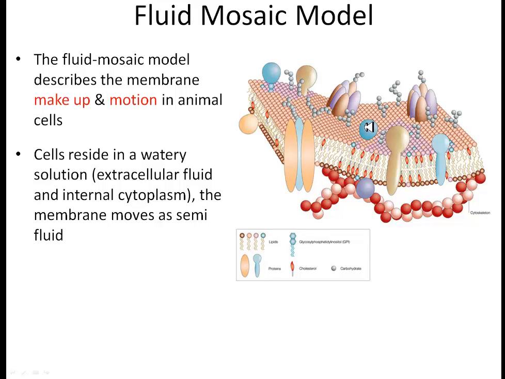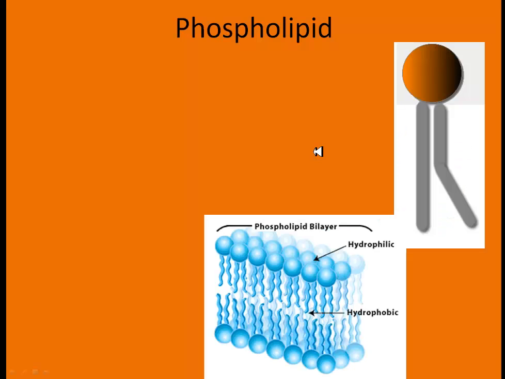We've got proteins that are sticking into it. Got cholesterol, these little match head looking things. We've got glycolipids, which are actually these little things that are popping up. They're fats that stick up. And then we have carbohydrates sticking out of it as well. So it's talking about how this thing moves. It's the fluid mosaic model.